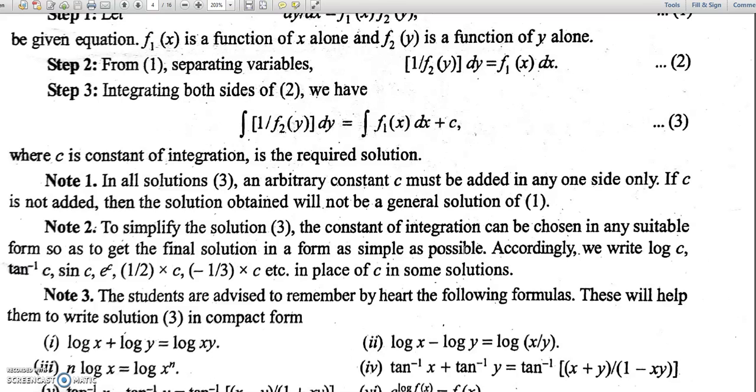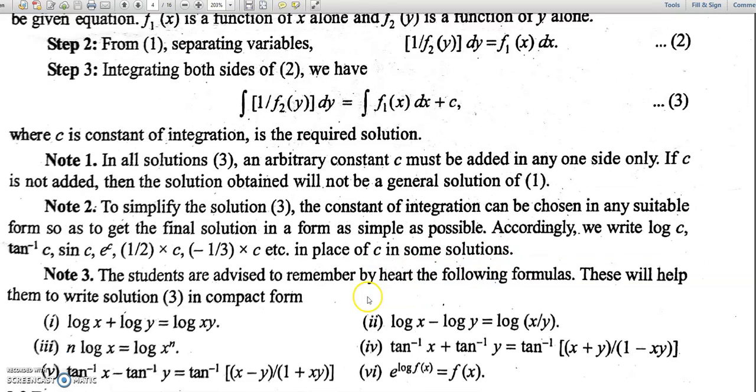To make the solution simpler to write, we can replace this c by log c, tan inverse c, sin c, e power c, this kind of thing, to make the simple form of the solution.